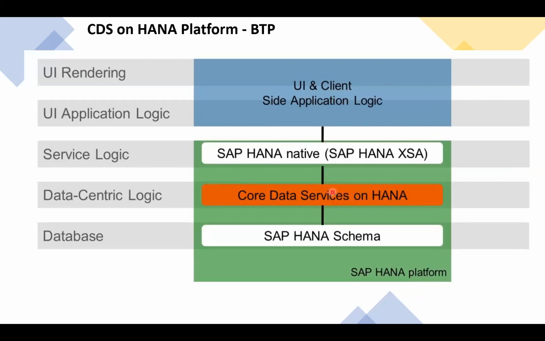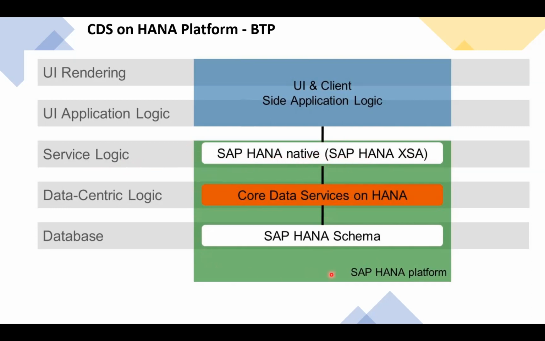This is the HANA database arrangement, the HANA database on BTP. On BTP there will be no ABAP layer, right? Still, as we have discussed, there will be HANA XSA, Extended Application Server Advanced. The XSA engine will be treated as service logic here, and this is completely inbuilt.